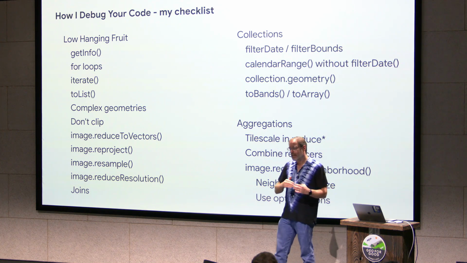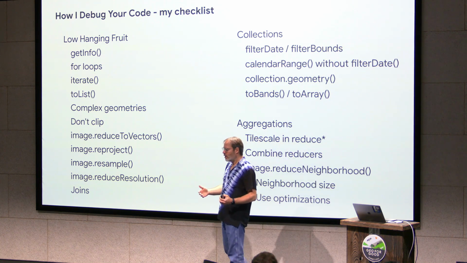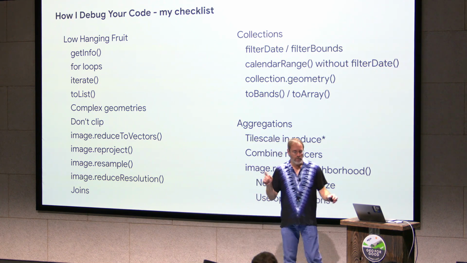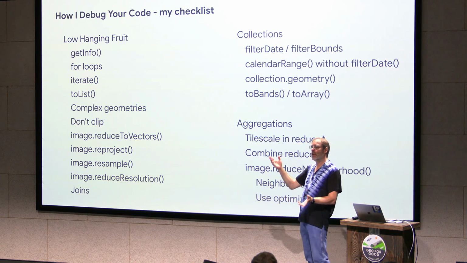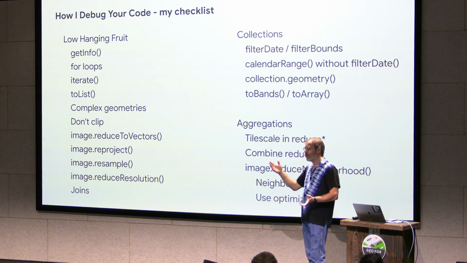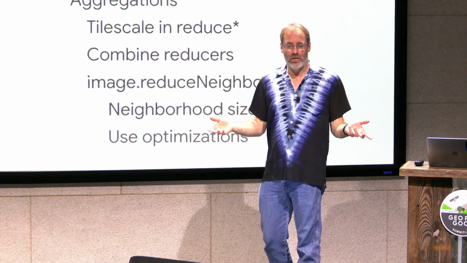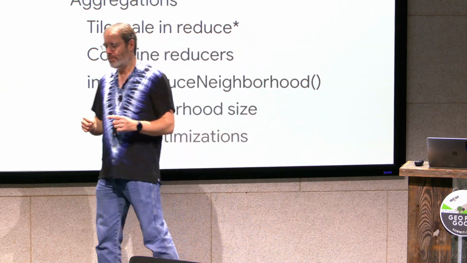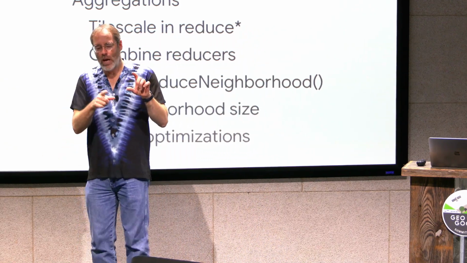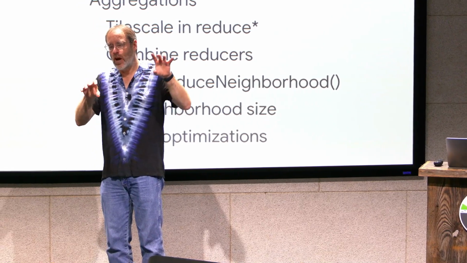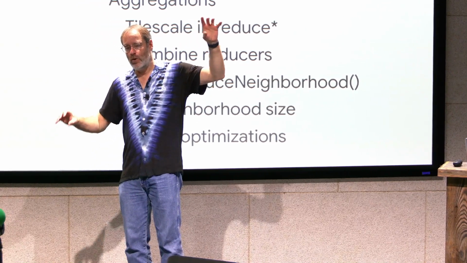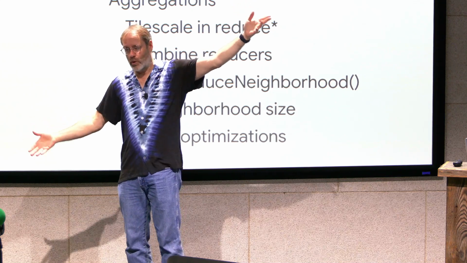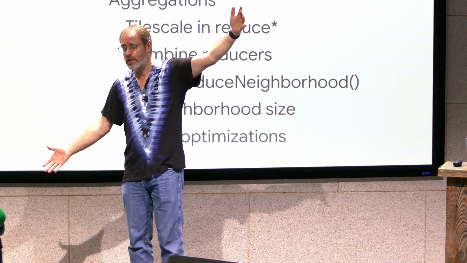Because iterate gets to the server and, well, all right, let's explain why you don't use for loops first. One of the problems with for loops: maybe you want to compute 10 different band indices or something like that, and you think I'll do that with a for loop. Every time that for loop runs, you are adding something to your computational description. So if you're doing the for loop 10 times, you're adding 10 chunks to your computational description.